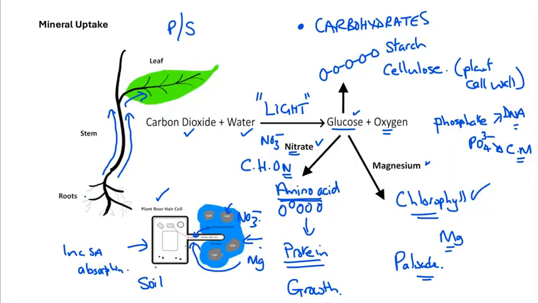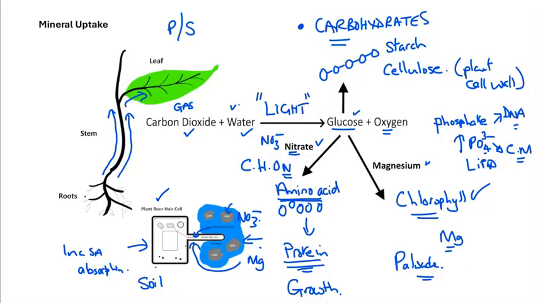And just one final point is that the absorption of carbon dioxide gas and water from the roots, along with the minerals so that we can build carbohydrates, proteins, and lipids, phospholipids in this case, means that photosynthesis is responsible for creating the mass of all these molecules.